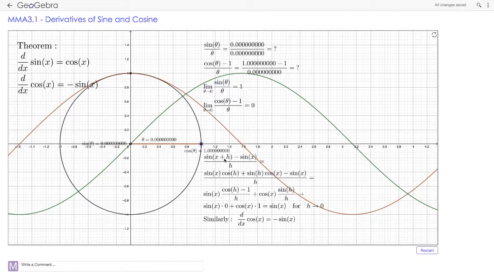So sine of x plus h becomes sine of x times cosine of h plus sine of h times cosine of x. So these two terms is the same as this. Now we have sine of x here, we have sine of x here, we have cosine here. So let's try to see if we can collect these terms somehow.